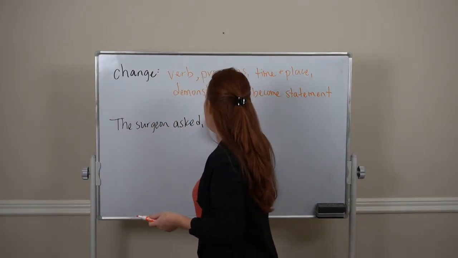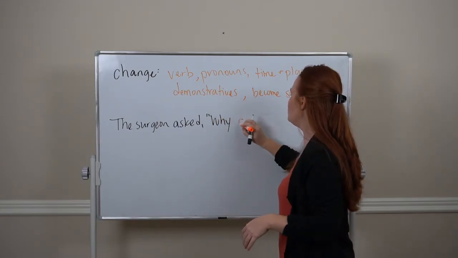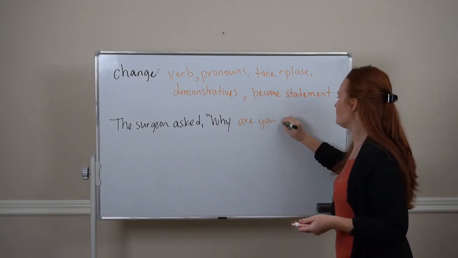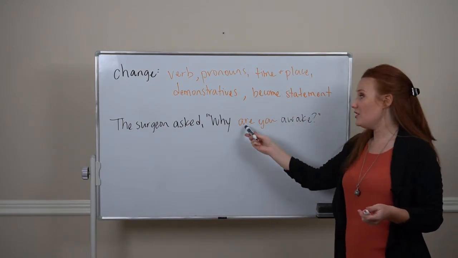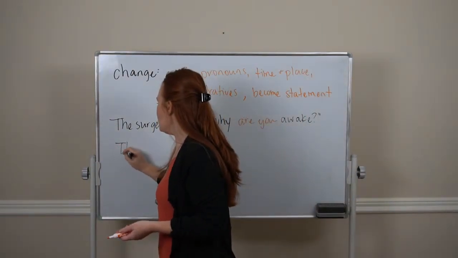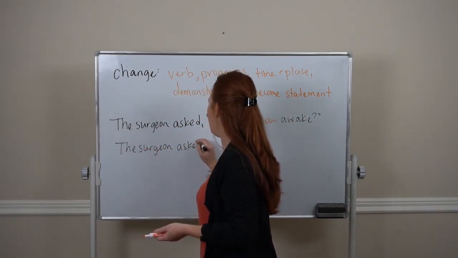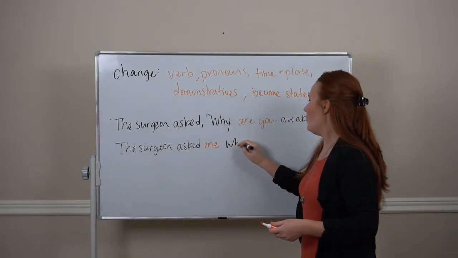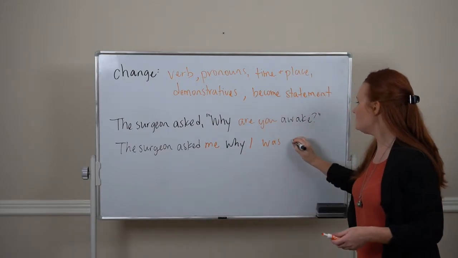The surgeon asked, "Why are you awake?" All right, so here I've got a verb I'll need to change and a pronoun I'll need to change. So if I'm telling you about this, I'll say the surgeon asked me why I was awake.